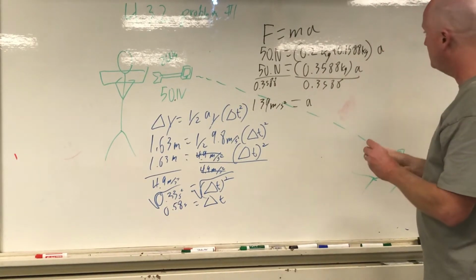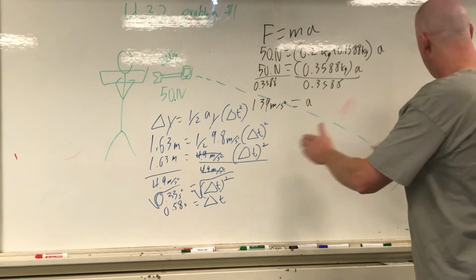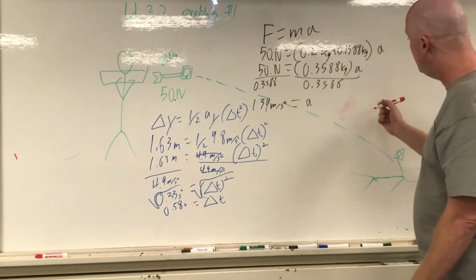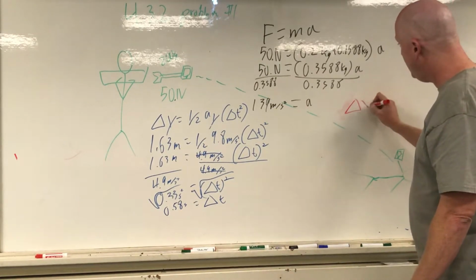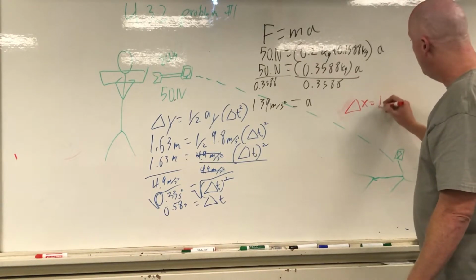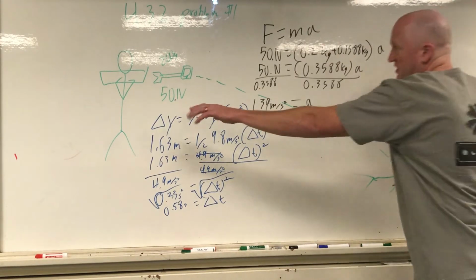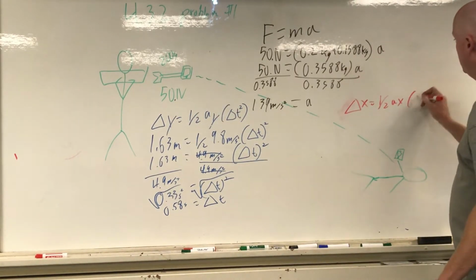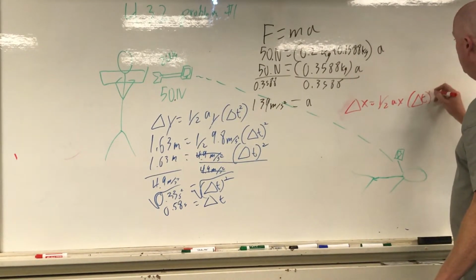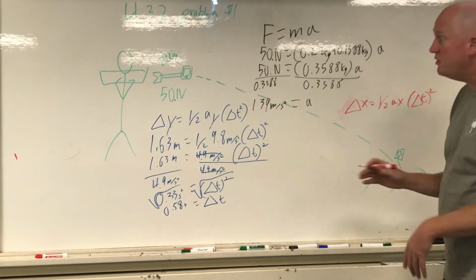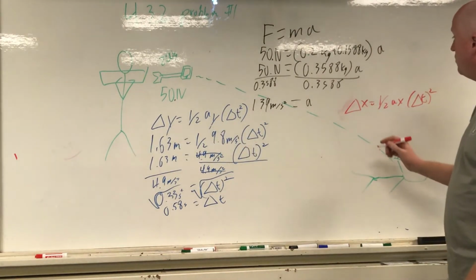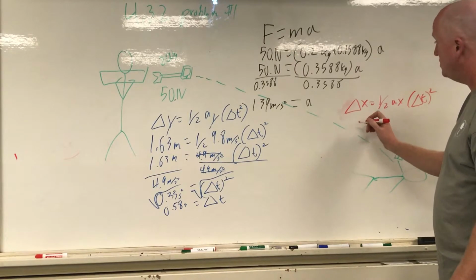Okay, so we're going to do the same thing over here. Define delta x. Define how far away this thing is going to land. Delta x is equal to 1/2 ax, the acceleration in the x direction, delta t squared. It's exactly the same formula, just we're replacing the x's and the y's. Delta x, we don't know.